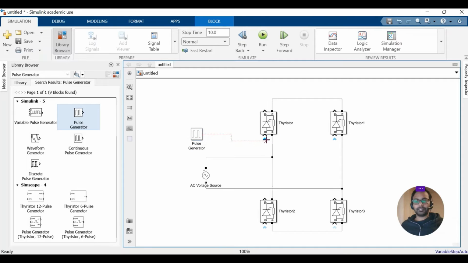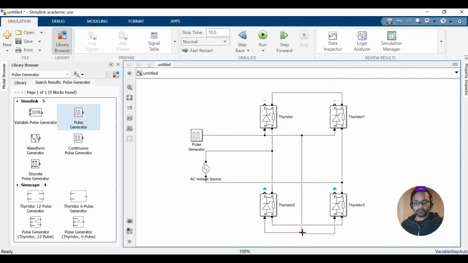So we can connect the pulse generator to the first one, and this is the gate connected to the second one. I can connect the gate again, something like this.